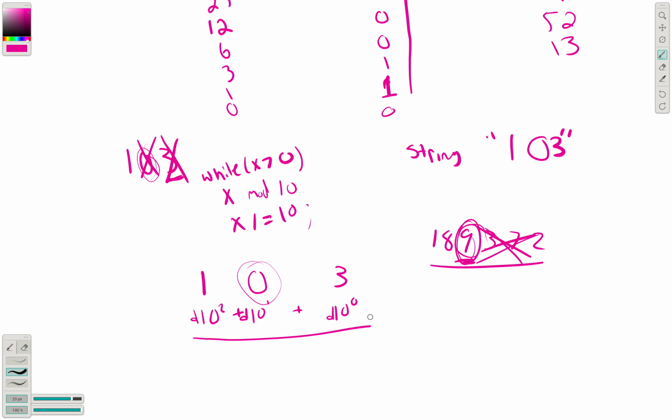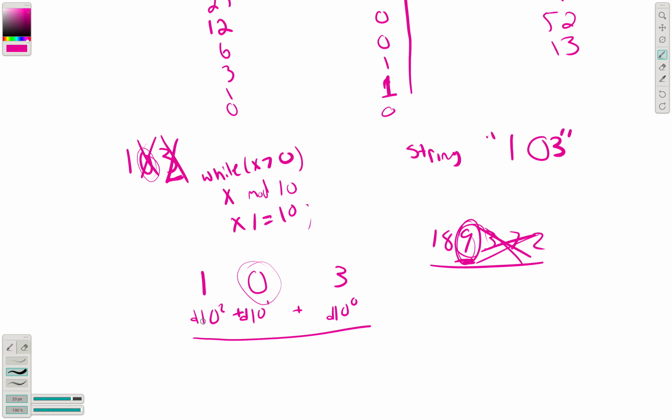Okay, one more thing about why mod 10 would work to get the last digit. Basically, if you're in the decimal system, this is a more mathy way of seeing why mod 10 gets the last digit.